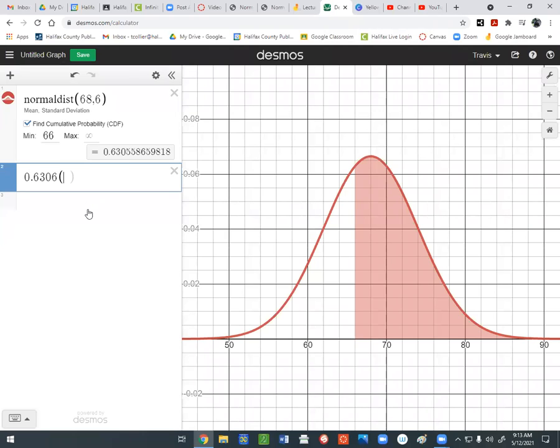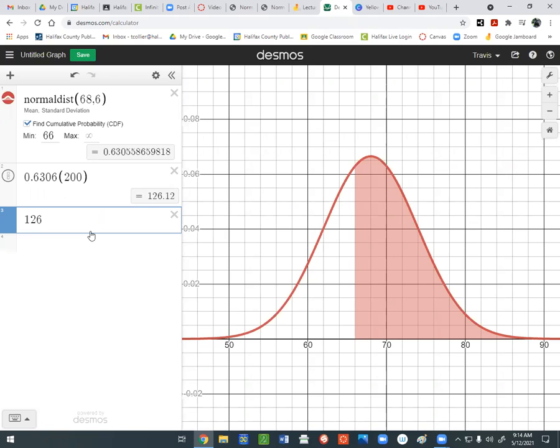So if I multiply by 200, I get 126.12, which is 126. So out of those 200 original values, 126 of them, which is most of them, are going to be above the 66 on the x-axis.